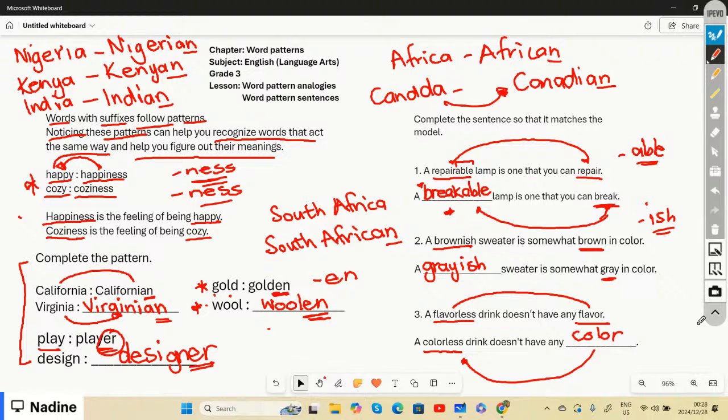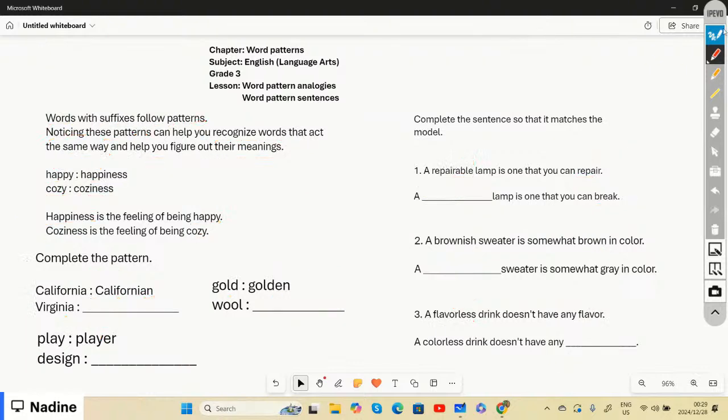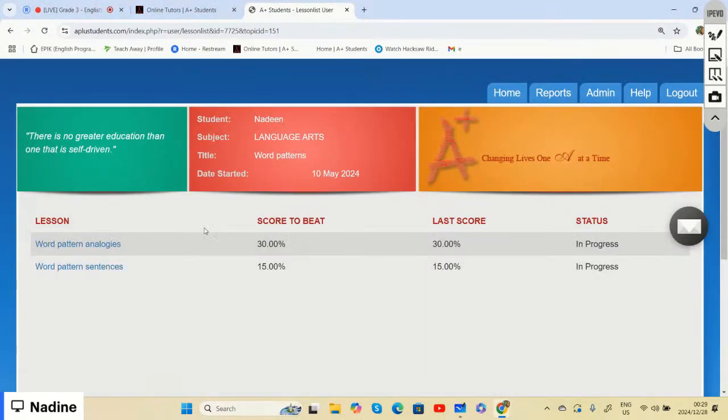Root words stand on their own, right? And words with suffixes that follow patterns usually help you recognize words that act the same way and help you figure out their meanings. Well done. So now we're going to aplusstudents.ca and we are going to identify word pattern analogies and word pattern sentences.